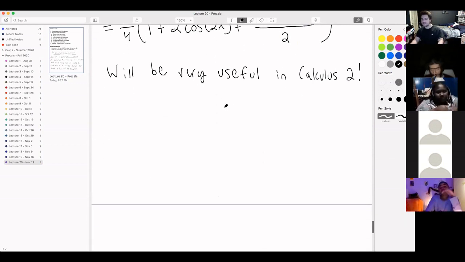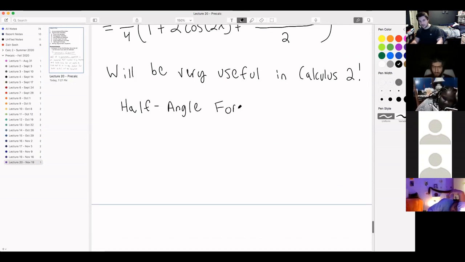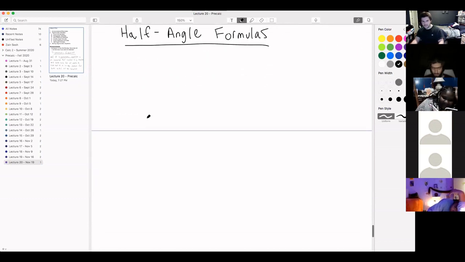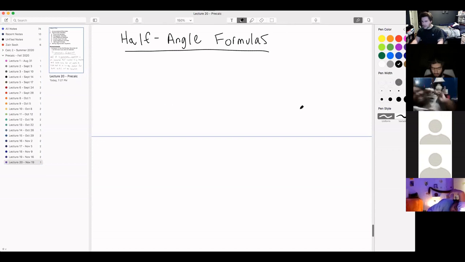Okay, next we have the half angle formulas. Okay, so the first one is sine of alpha over 2.